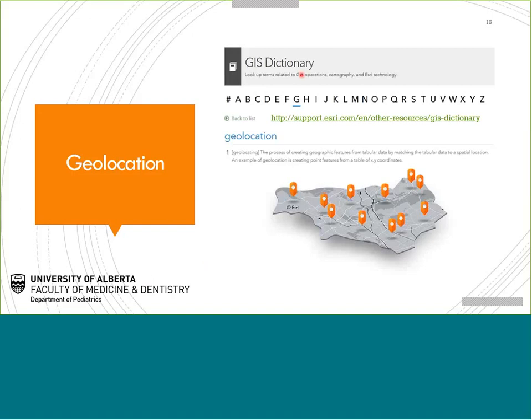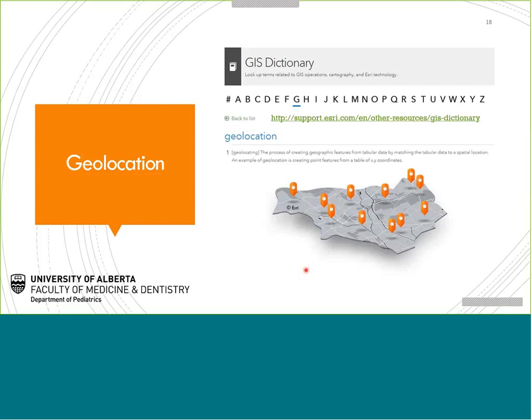And as the GIS dictionary, I have the link there, defines, geolocation is the process we use to translate a table of XY coordinates to point features. So because we have the postal code, we can then access the longitude and latitude and then get those points on a map. And due to confidentiality, we're going to use simulated data today with very basic attributes.